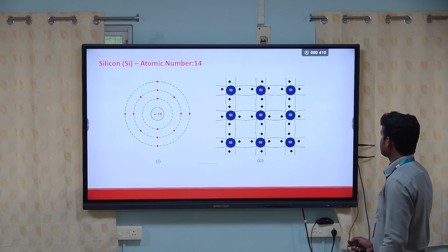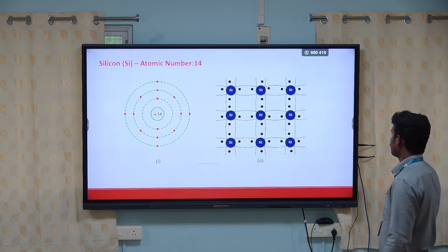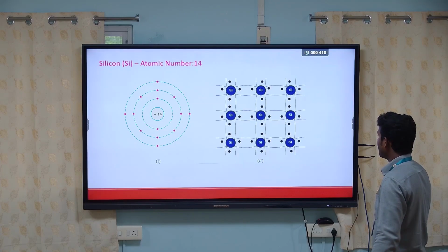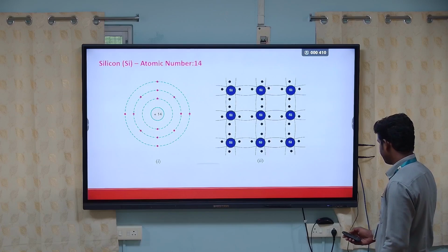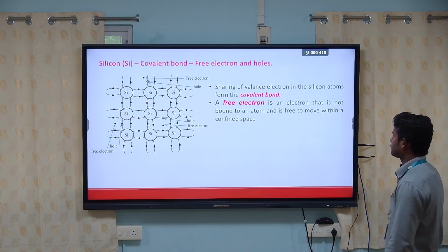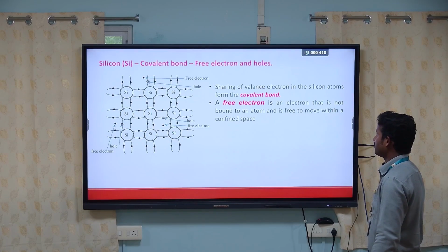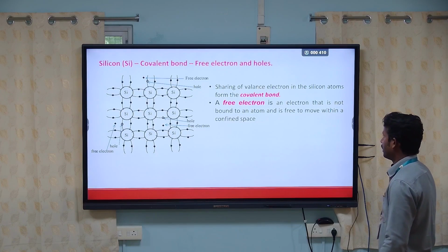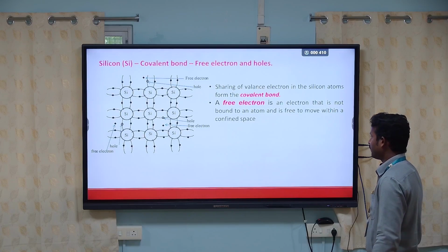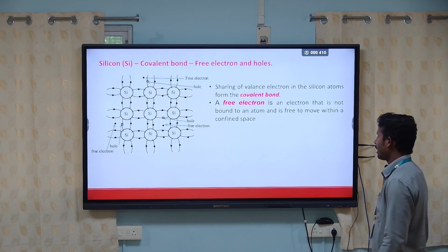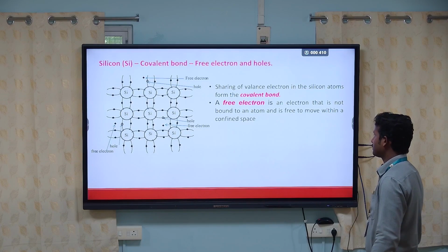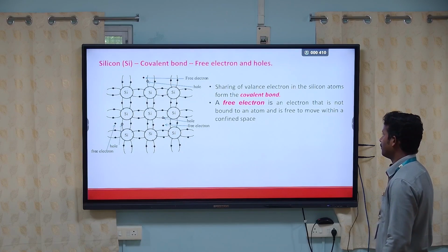When silicon atoms combine to form a solid, they arrange themselves in a periodic manner which is known as a crystal. In this silicon crystal, each silicon atom shares its valence electrons with the neighboring atoms. The sharing of valence electrons happens in such a way that each single silicon atom has 8 valence electrons in the outermost orbital.